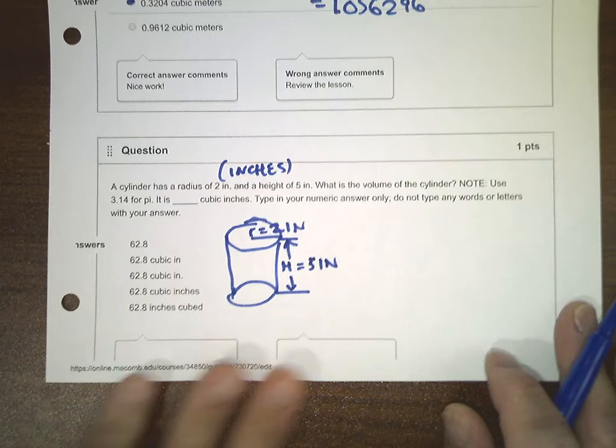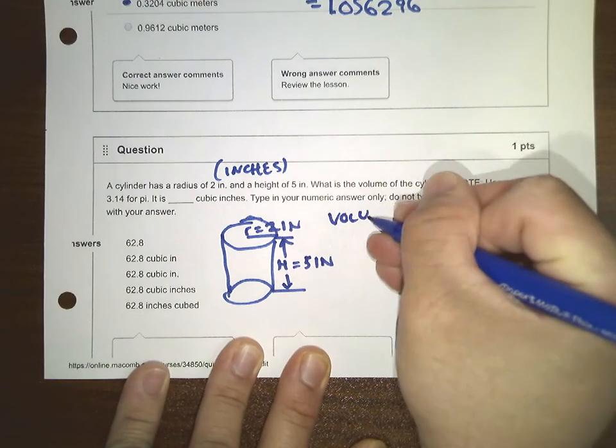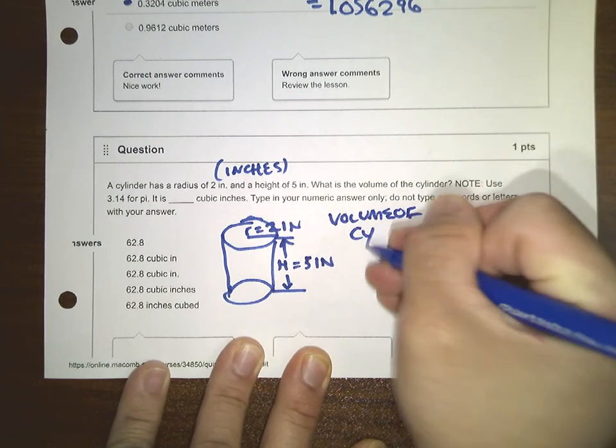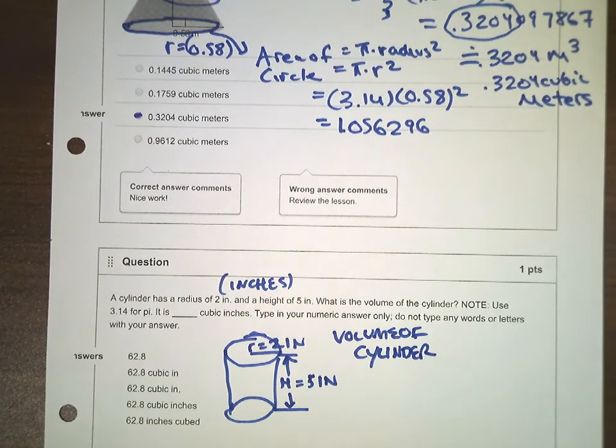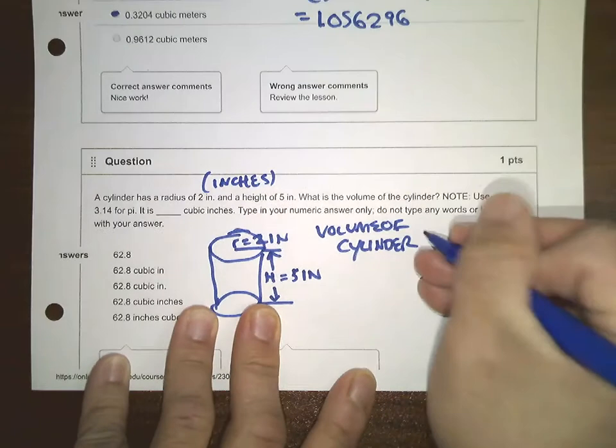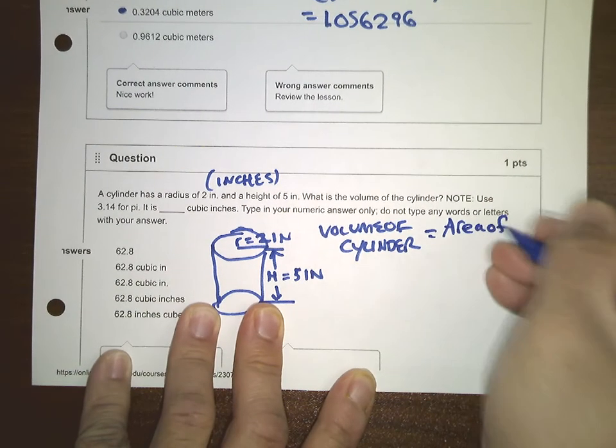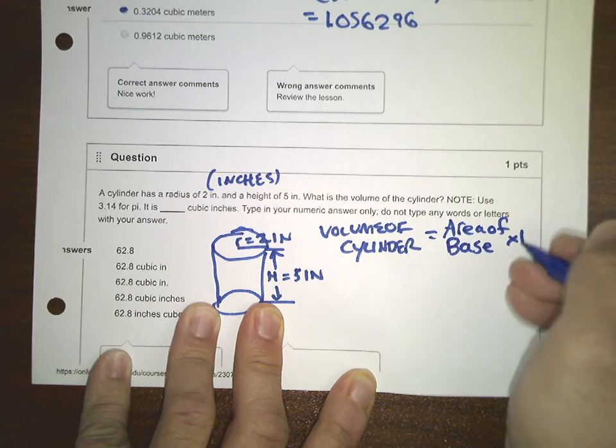All right, so the volume of a cylinder, if you remember from the last time that we had a cylinder problem, or maybe we didn't have a volume of a cylinder before, but anyway, let's go ahead and figure out what the volume of this cylinder is. It is equal to the area of the base times the height.